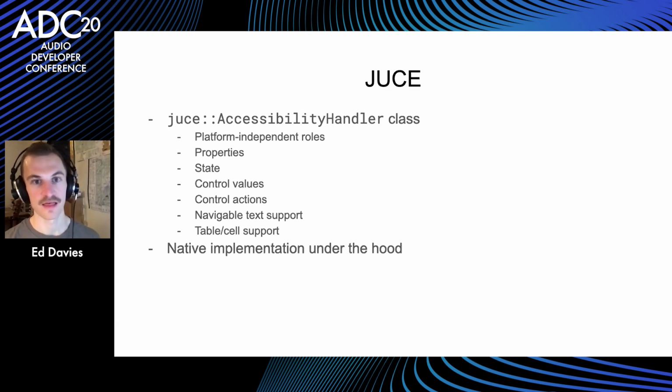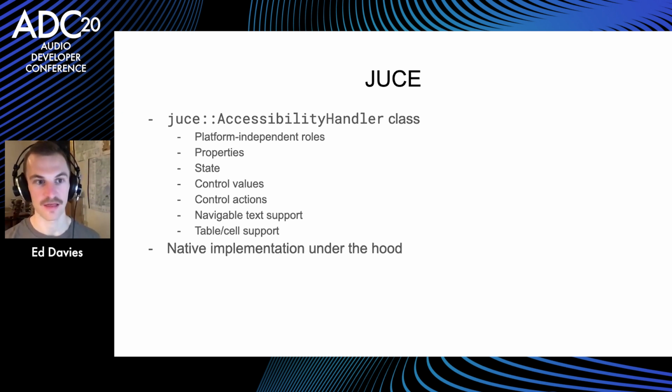Support properties, so things like name, help text, description, state, so focused, whether it's selected, ignored, modal, and so on. Getting and setting control values with both support for text and numerical values. Support for programmatic UI actions, so things like pressing, focus gain, selection, and so on.